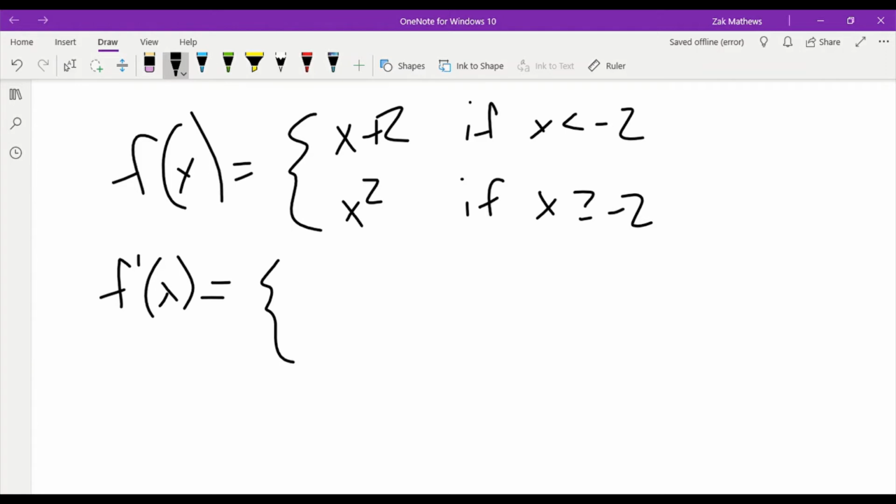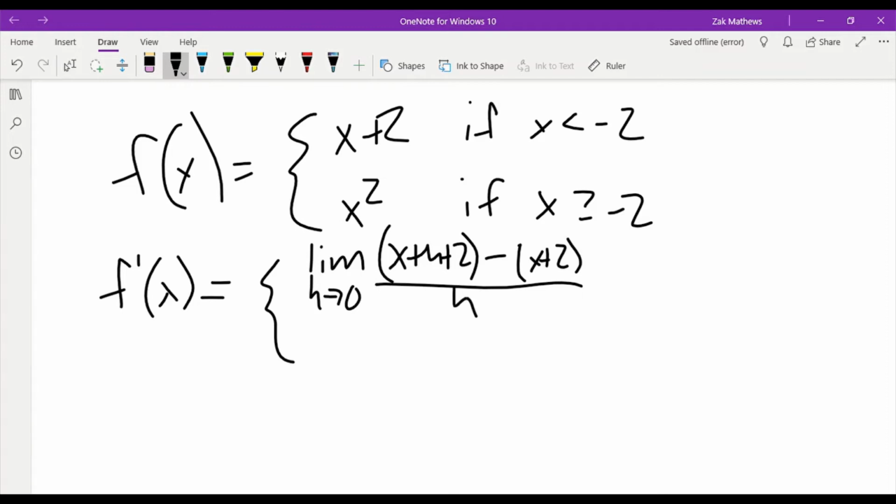We look at the x plus 2 first, and we take the limit as h goes to 0 of x plus h plus 2 minus x plus 2, over h. And this is only going to be true if x is less than negative 2.